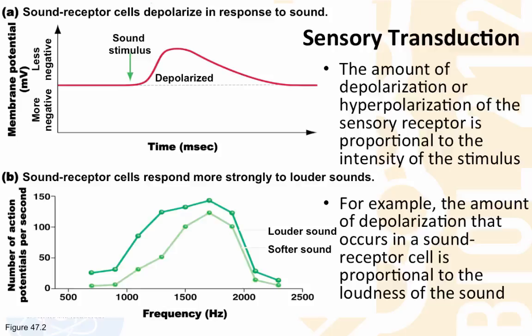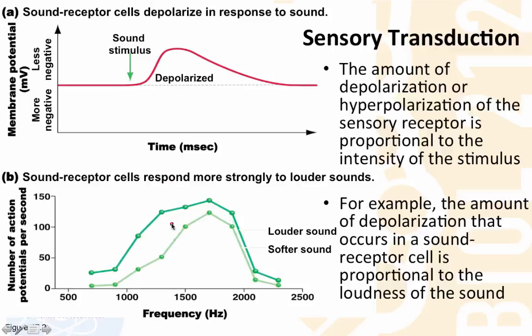For example, the amount of depolarization that occurs in a sound receptor cell is proportional to the loudness of the sound. As we can see in this second image, if you measure the number of action potentials per second occurring in a louder sound and a softer sound, you will see that there are more action potentials generated when the sound is louder than when it is softer.